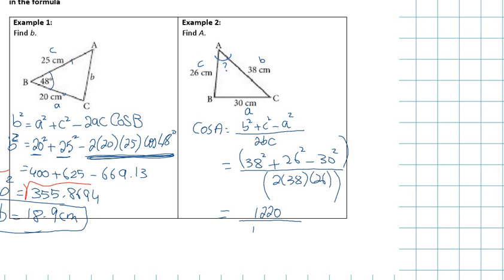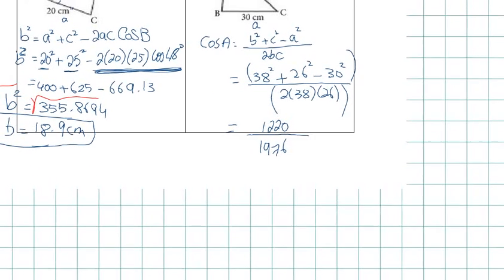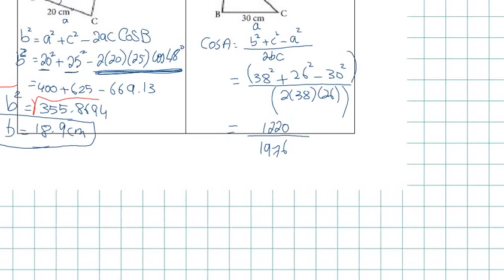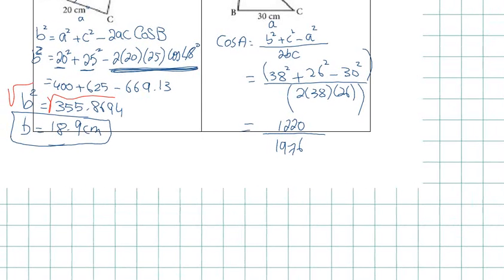Then you do your division, 1,220 divided by 1,976, and you're going to get 0.6174, and that is equal to cosine A.